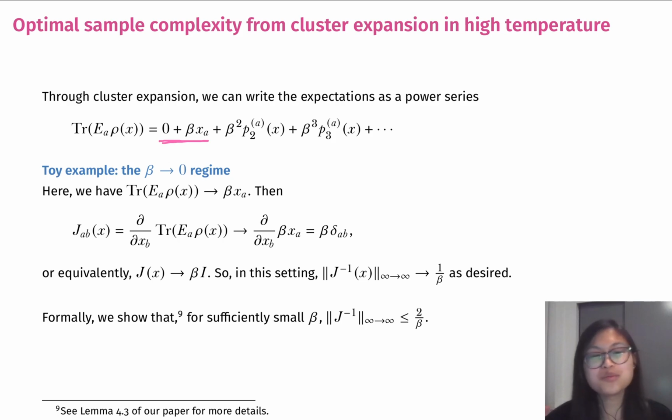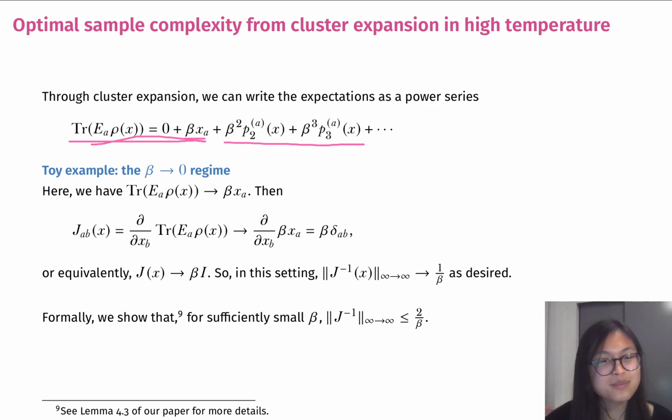And now what we can do is analyze the Jacobian and see if it indeed has the right bound. The regime to keep in mind, that gives the intuition, is the beta going to 0 regime. In this regime, all these terms go to 0, and only this beta X_A term matters.